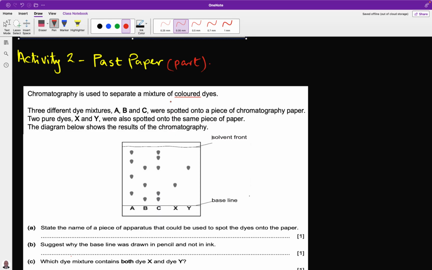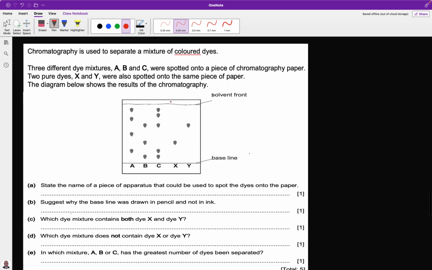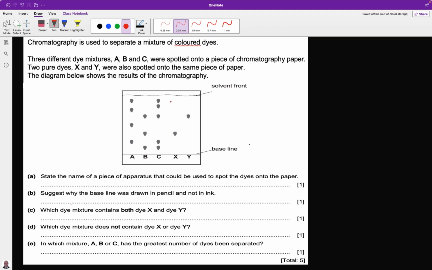Two pure dyes, X and Y, were also spotted onto the same piece of paper. The diagram below shows the result of the chromatography. It shows the solvent front, the baseline, the different dyes and the pure dyes, which are X and Y.